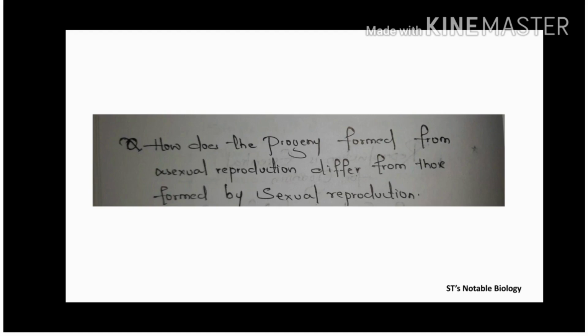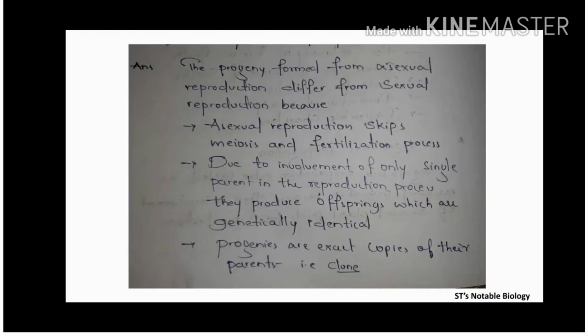The progeny formed from asexual reproduction differ because asexual reproduction skips meiosis and fertilization. These are processes of sexual reproduction, so they will not occur in asexual reproduction.